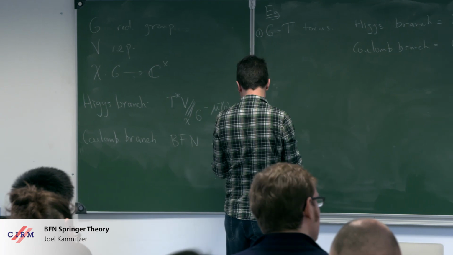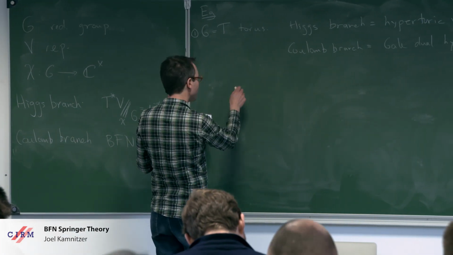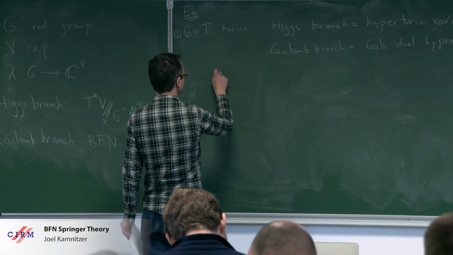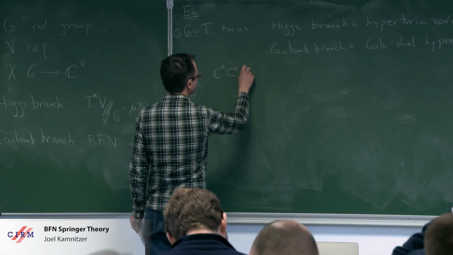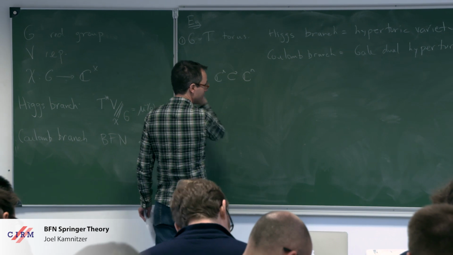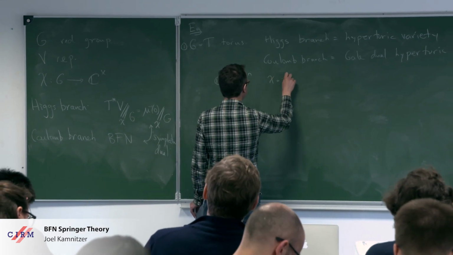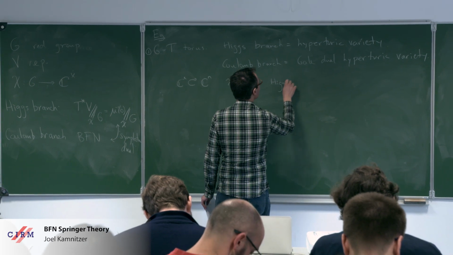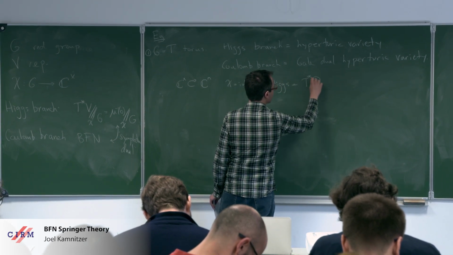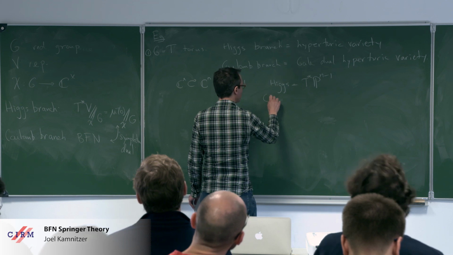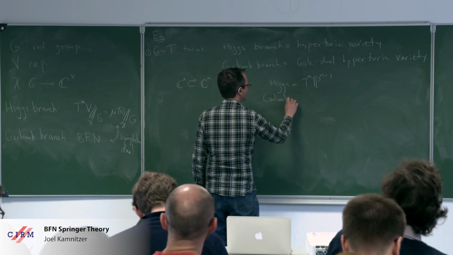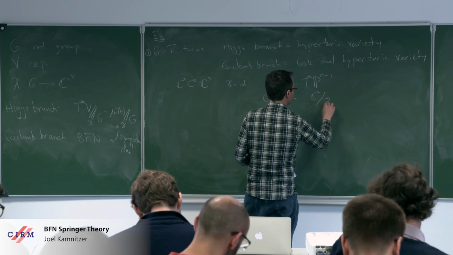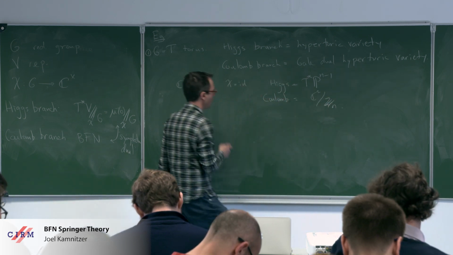So a sub-example of this example, just to show you how we're doing, we could take, for example, C star acting on C^n just by scaling, and chi just be the identity, and then the Higgs branch will be the cotangent bundle of projective space, and the Coulomb branch will be C^2 mod Z/n.